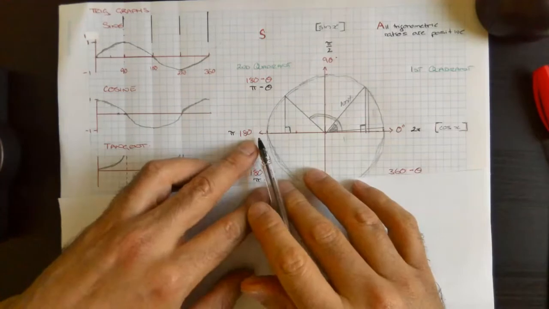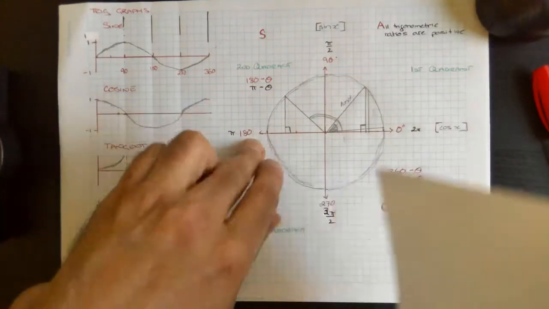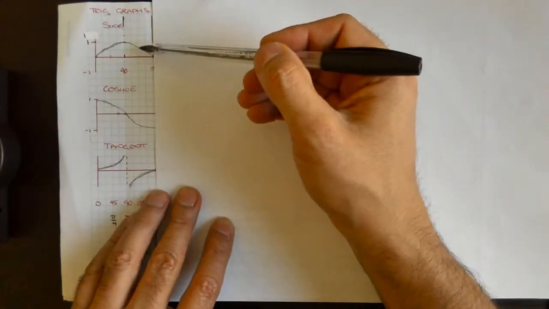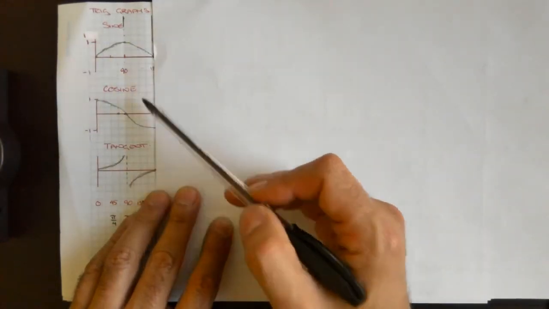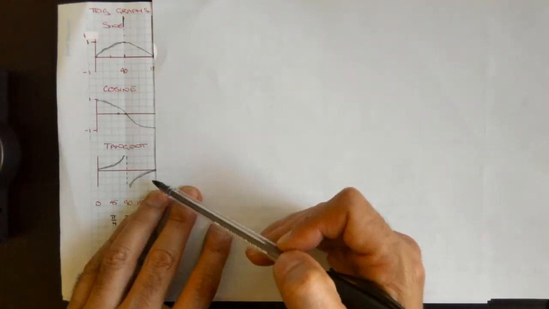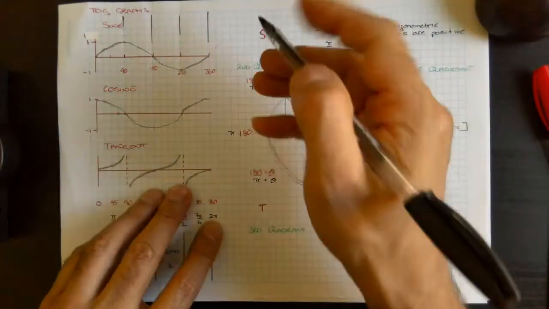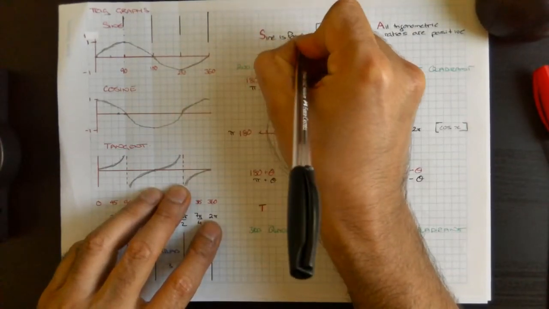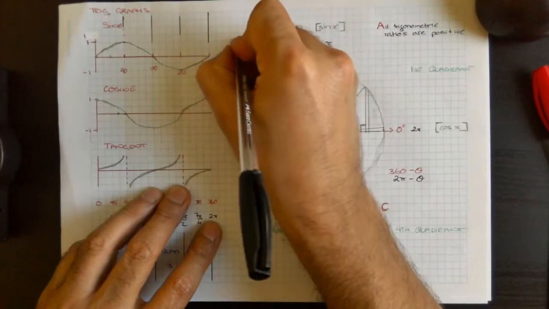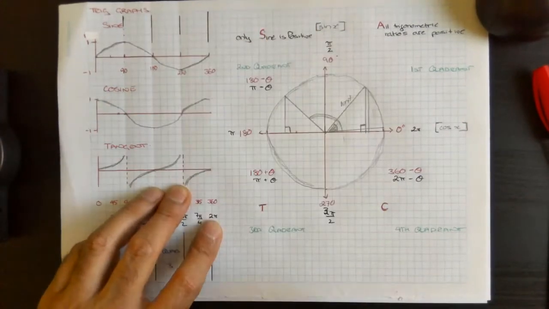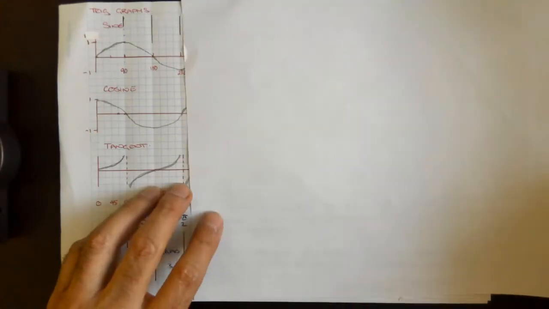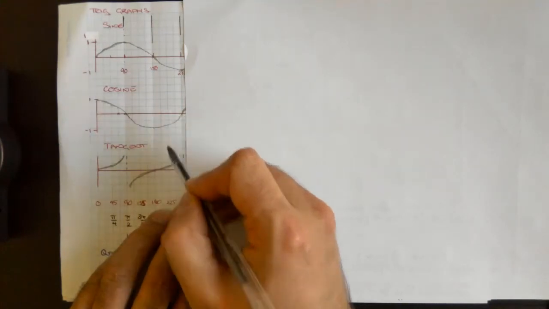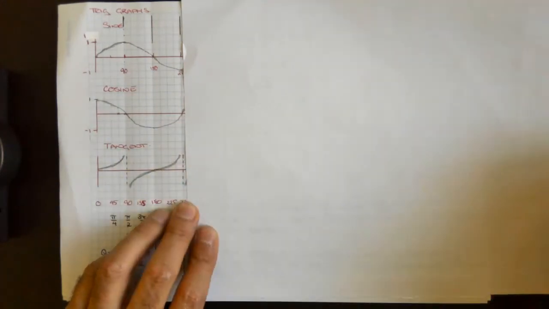Between 90 and 180, so in the second quadrant, we can see that sine is positive, sine is above 0, but cosine and tangent are both negative. So here, only sine is positive. In the third quadrant, we have sine as negative, we have cosine as negative, but the tangent is positive.